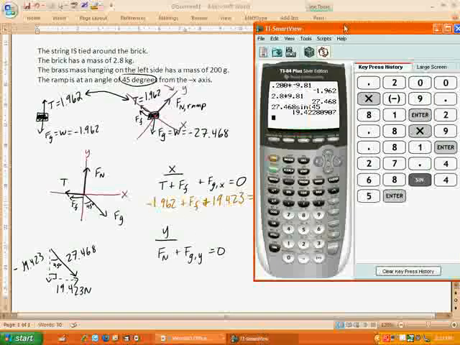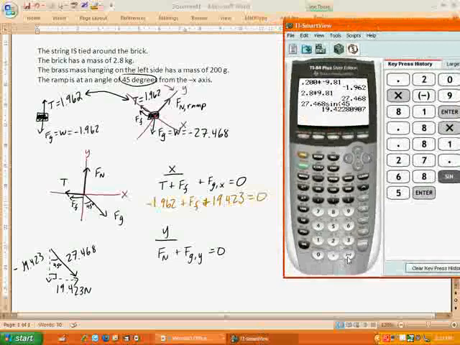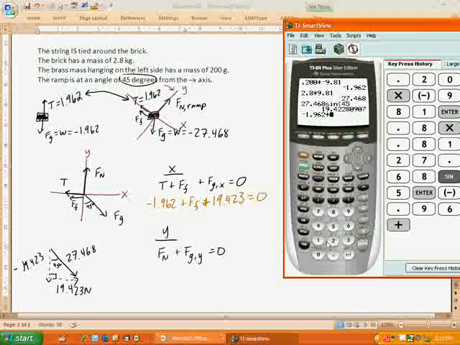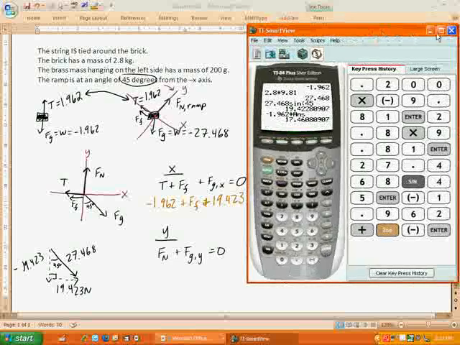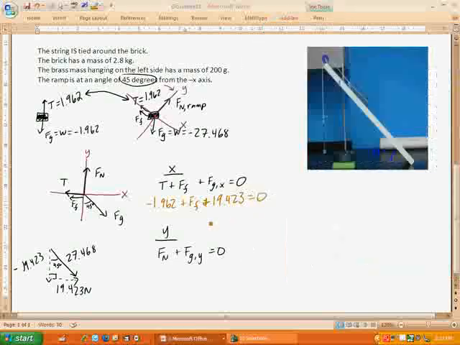That will mean negative 1.962 plus 19.422, so 17.46. So the force of friction will be negative 17.46, right? Because after I add them and it's positive, I have to subtract it to the other side. So negative 17.46 newtons, which makes sense because it's going to the left.